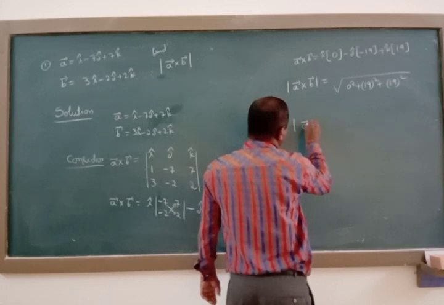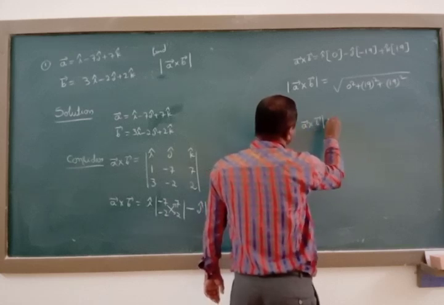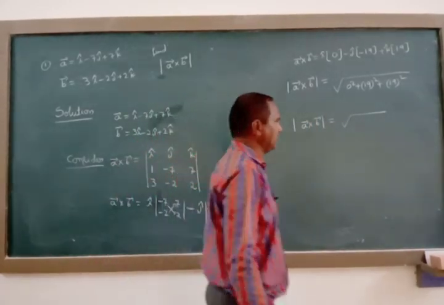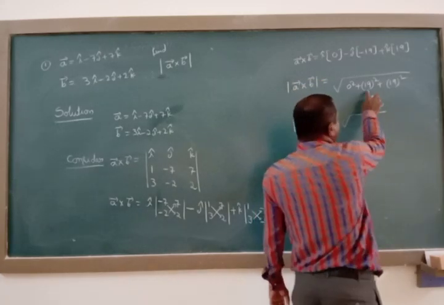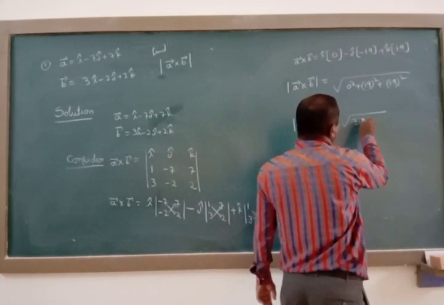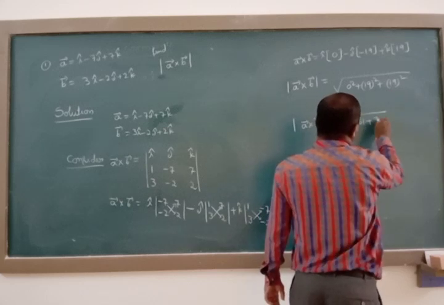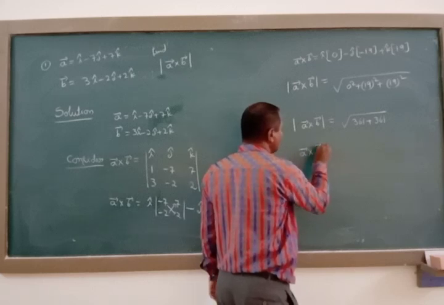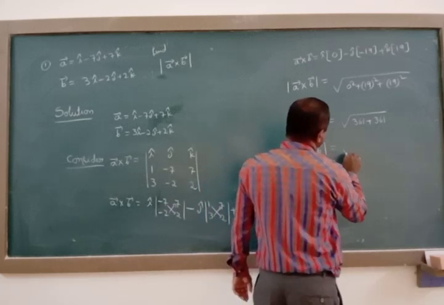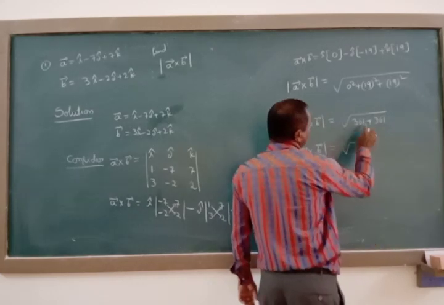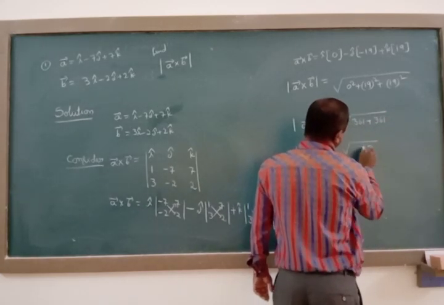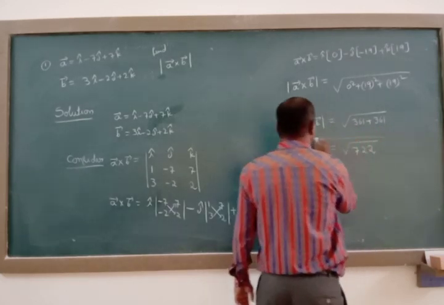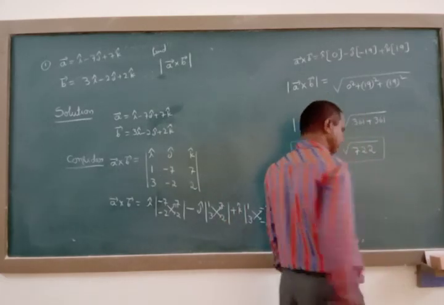Magnitude of A bar cross B bar is equal to square root of 361 plus 361, which is 722. Square root of 722 we should get here.